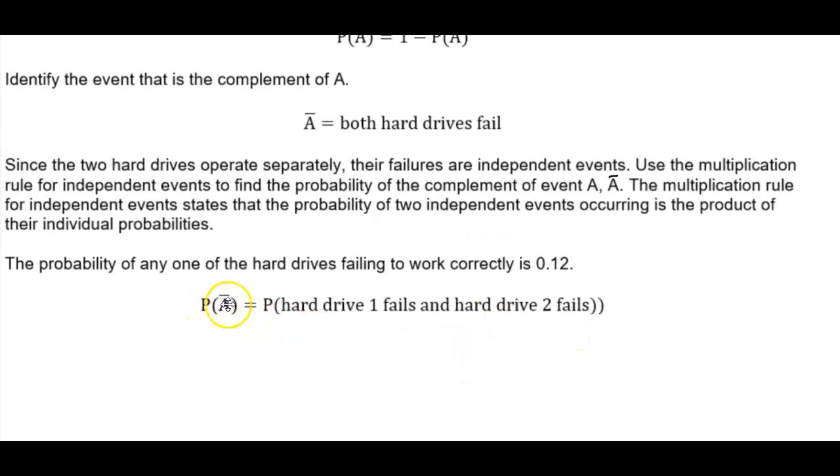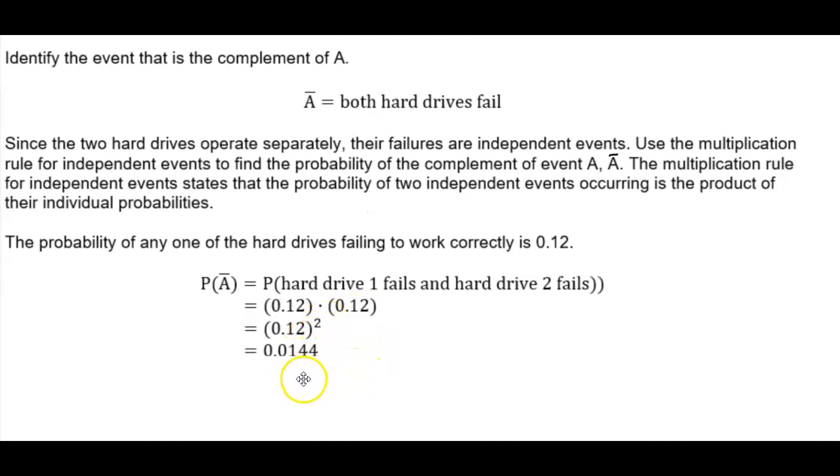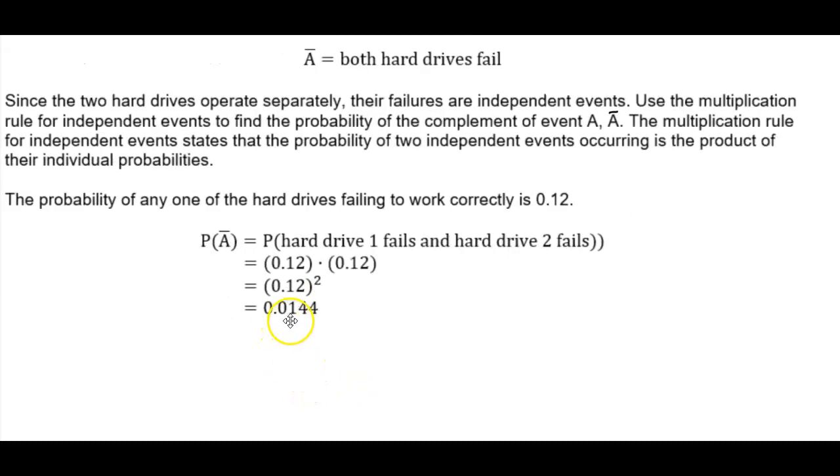So the probability of the complement of A is equal to the probability that hard drive 1 fails and hard drive 2 fails. So we have 0.12 times 0.12, which is the same thing as 0.12 to the second power, which gives us 0.0144.